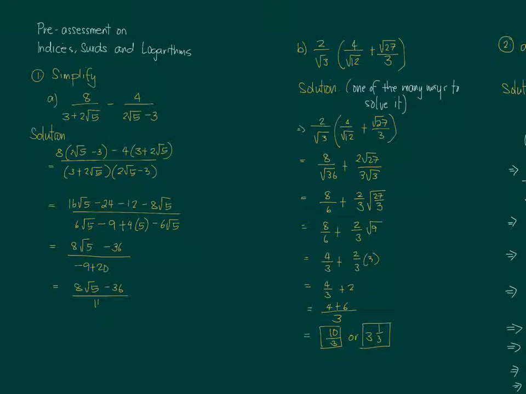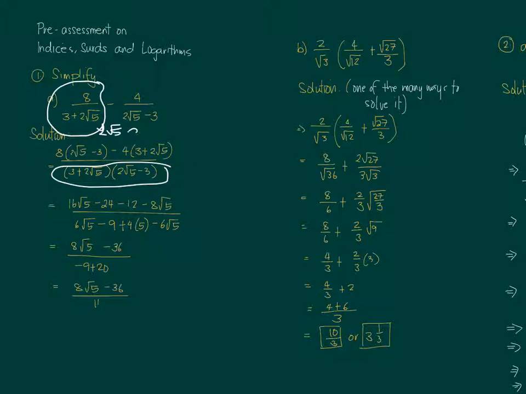So when you try to add fractions, you need to get the same denominators. So you can think of it like, if you want to produce 3 plus 2 square root of 5 and 2 square root of 5 minus 3, then you should multiply this by 2 square root of 5 minus 3.